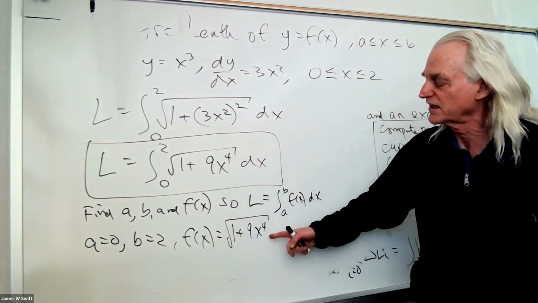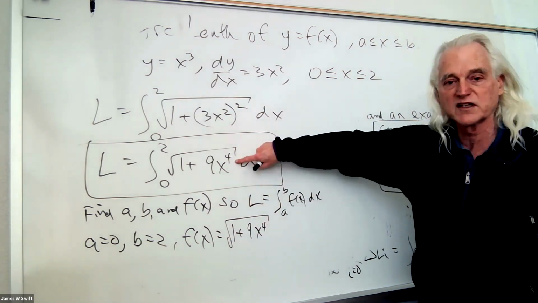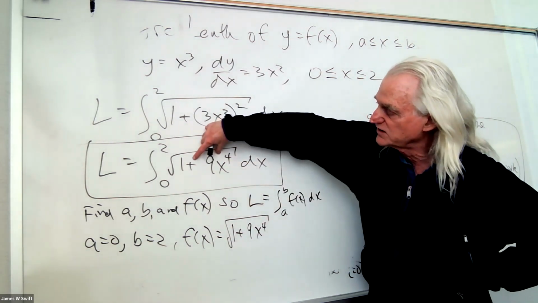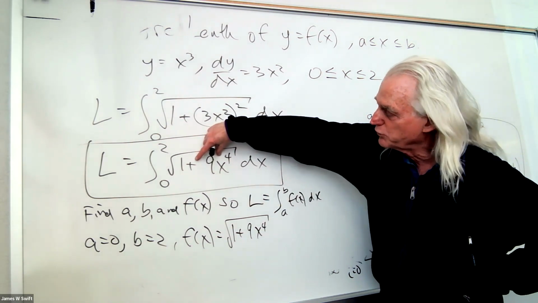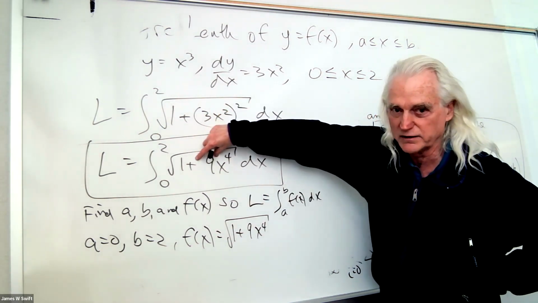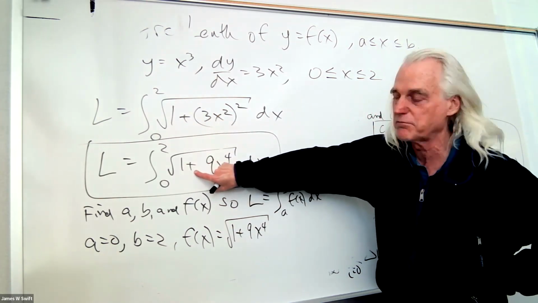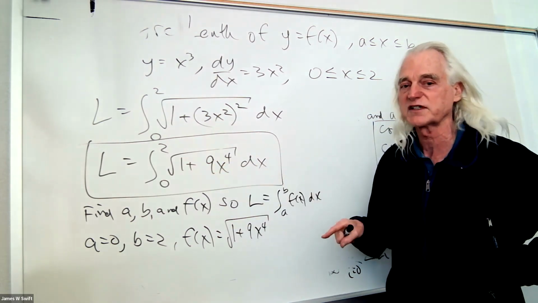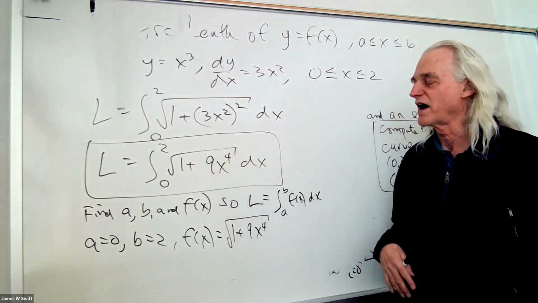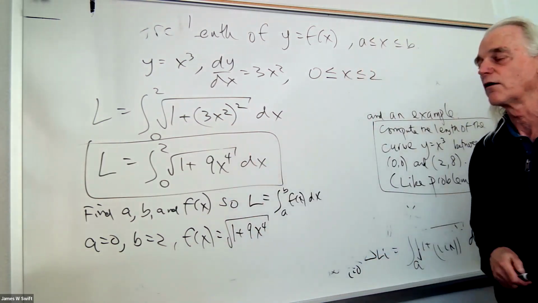The most common time you can do this integral is if the thing inside is a perfect square, so you're taking the square root of a perfect square. With a minus sign I could probably do that, but with the plus sign, that's not a perfect square. I can't even factor this.